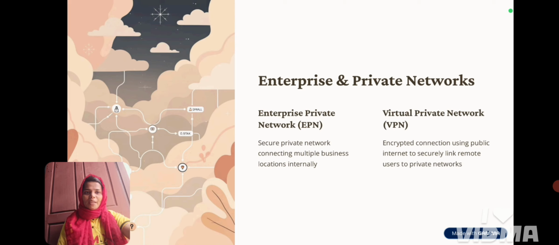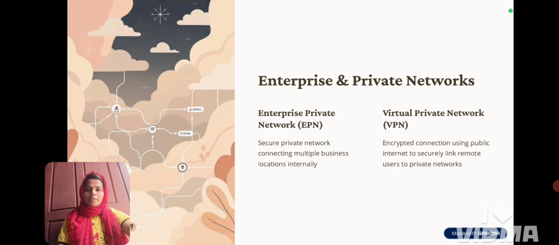Then enterprise and private networks, about which we already know in the private and public networks discussion. It comes under the administration area, so enterprise and private networks also come under that type. Enterprise private network, EPN, means a secure private network connecting multiple business locations internally.